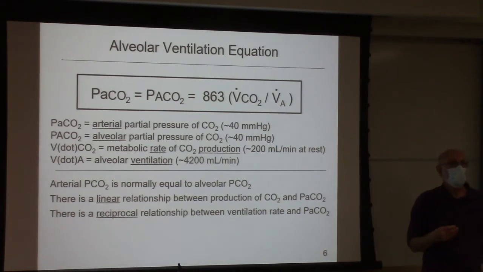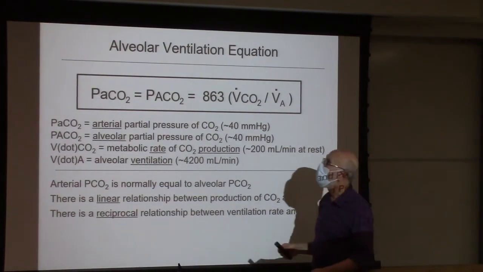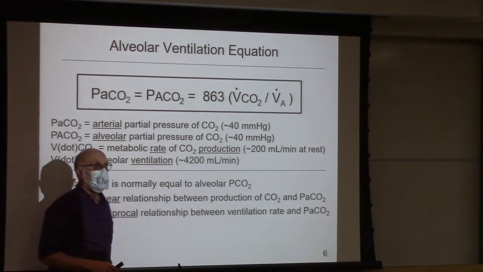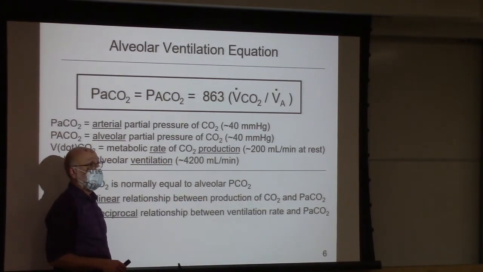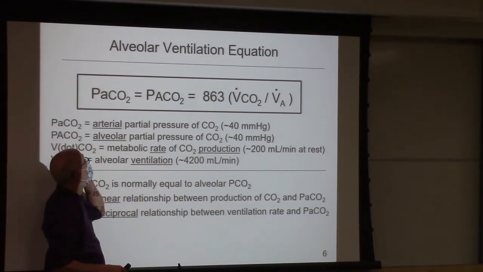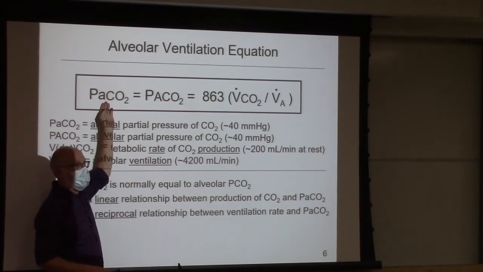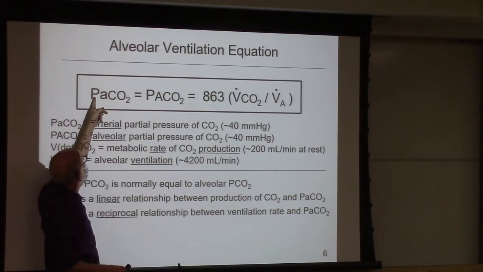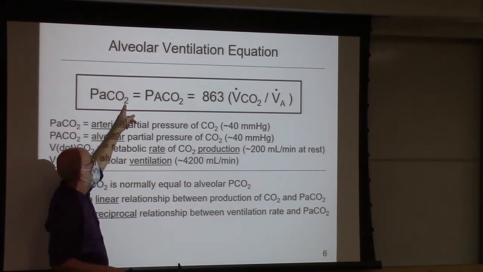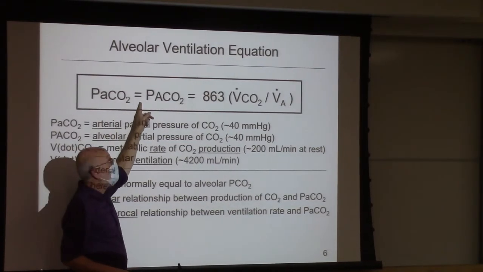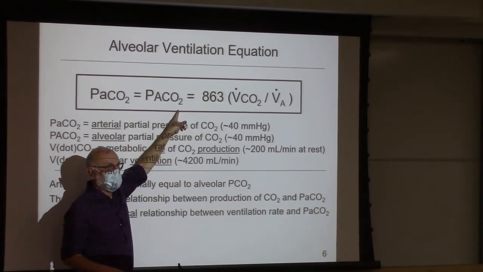Okay, here's another equation that you need to know because you're going to use it for respiratory physiology. What does this say? This is saying that the partial pressure of arterial CO2 is equal to the partial pressure of alveolar CO2, right?